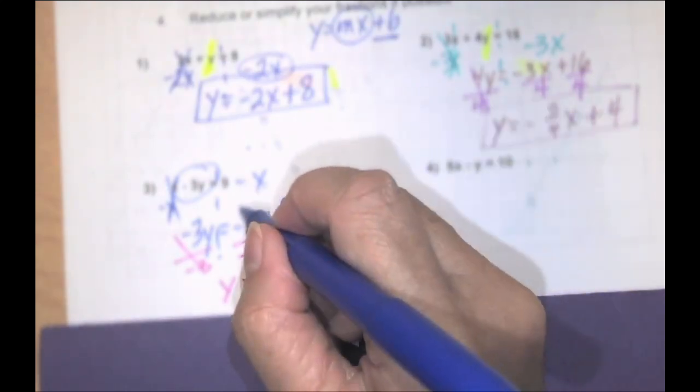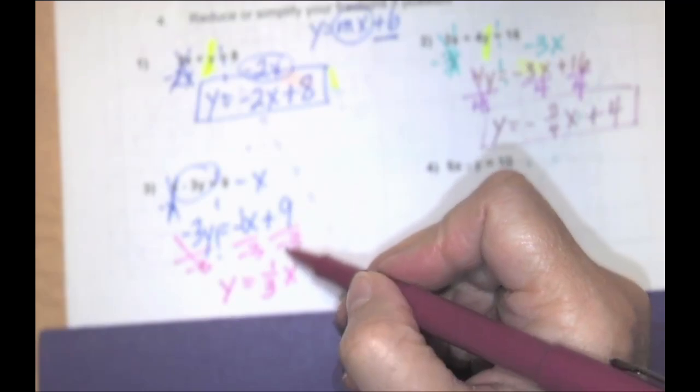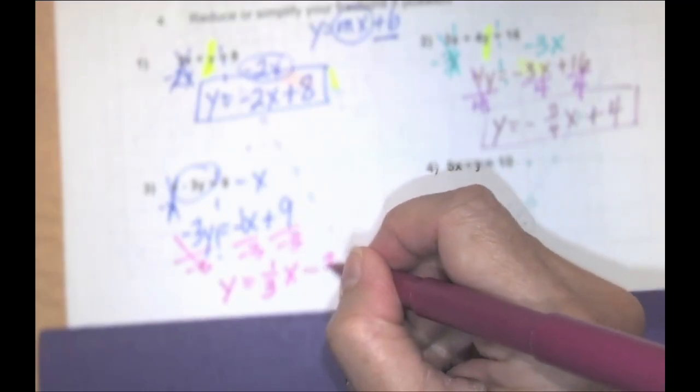Now, I'm sorry this is blurry, there's an imaginary 1 in front of that x. So if you look at just the numbers attached to x, you have a negative 1 over negative 3. If you're bad at simplifying fractions, put that in the calculator, let it simplify it for you. It's 1/3 x, and then 9 divided by negative 3 is negative 3. Negative becomes your minus. So now I have y equals 1/3 x minus 3.